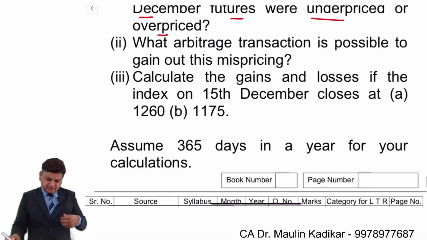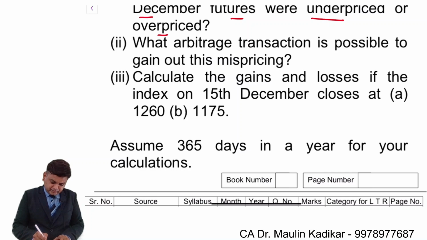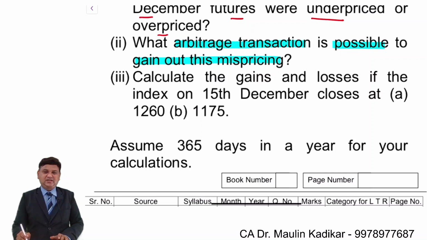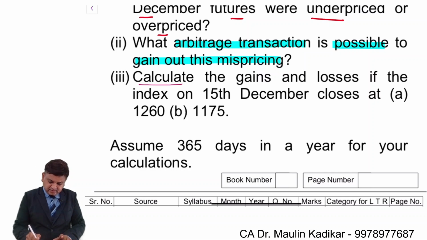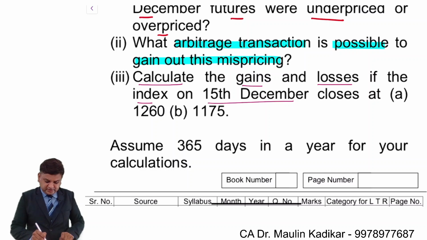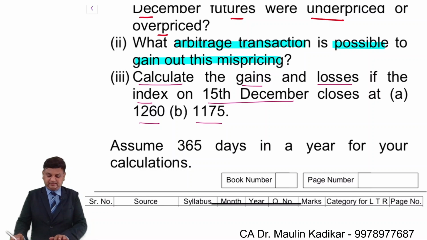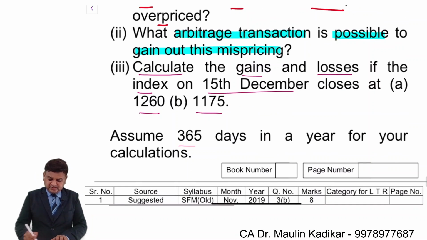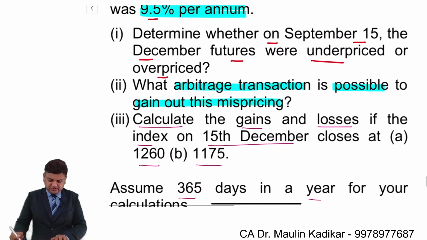Now the second part of the question. What arbitrage transaction is possible to gain out of this mispricing? Calculate gain and losses if the index on 15th of December closes out at 1260 and 1175. Assume 365 days in a year for your calculations.